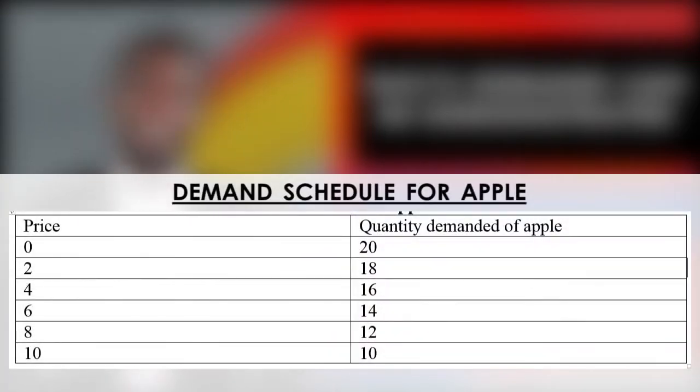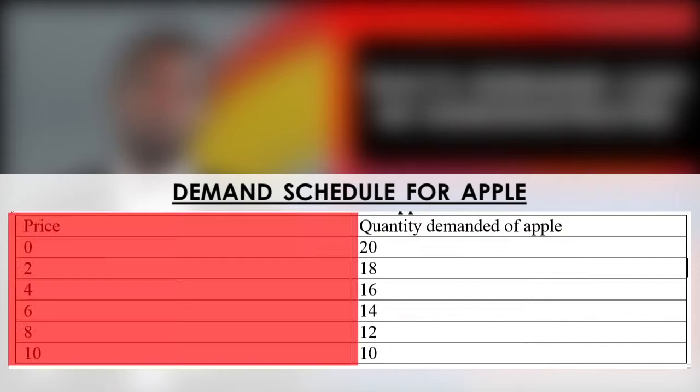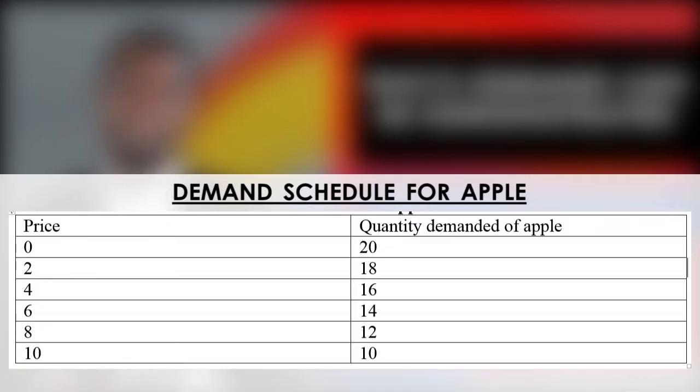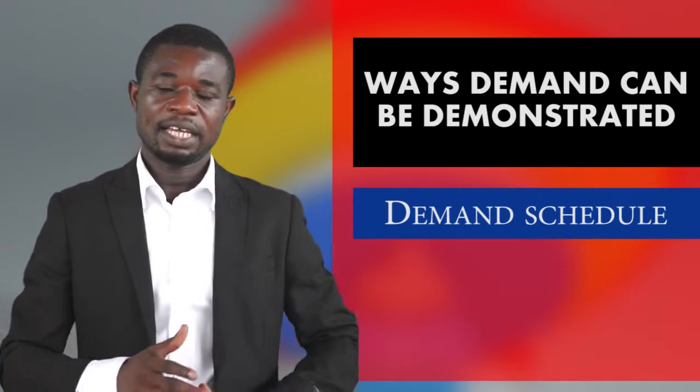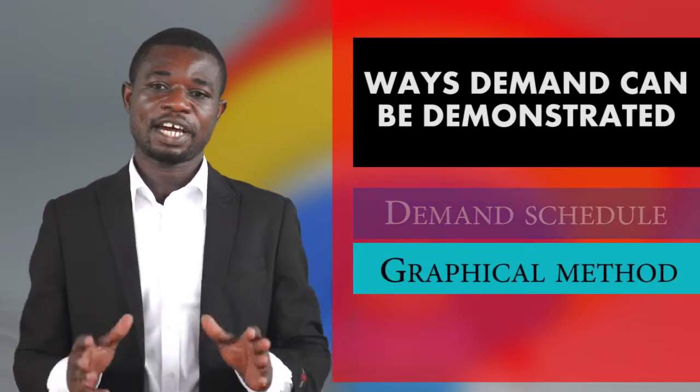So from the demand schedule that is displayed on your screen, you will realize that we have the price column and we have the quantity column, where the price column begins from 0 and increases in multiples of 2, and their corresponding quantities for that particular commodity, which is an apple, are also displayed. So anytime we have the prices of the various commodities that a consumer is willing and able to purchase in this tabular form, then we say that we have the demand schedule. That is one way. The other way is the graphical method.